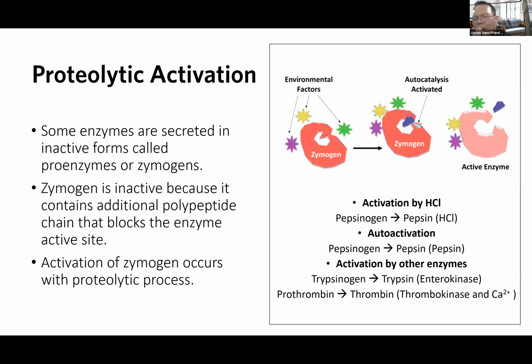Then the catalytic activity can occur. For example, activation by hydrochloric acid, pepsinogen into pepsin, is autoactivation. Activation by another enzyme, for example, trypsinogen into trypsin and prothrombin into thrombin.